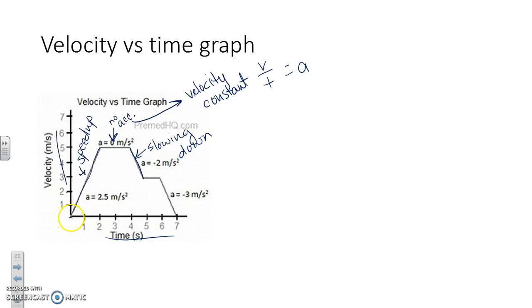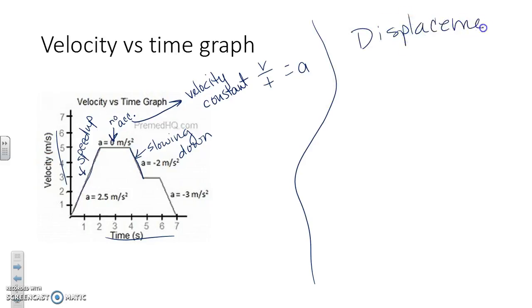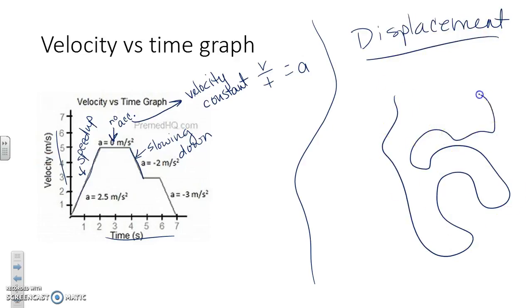All right, one other thing. Let's say we're talking about displacement. Here's my course. We did all this running. Start line here, finish line here. You ran 3.1 miles. That's the total, this whole long thing.